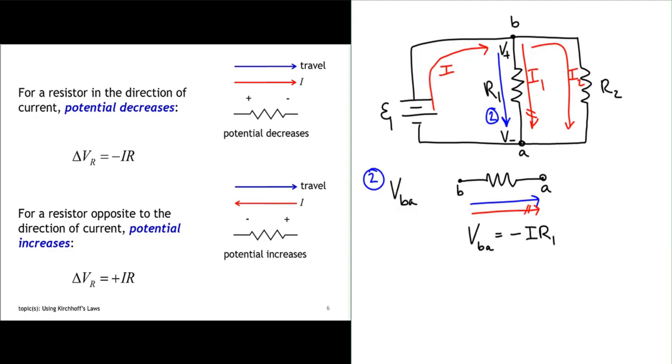Well, let's say you decide to go from A to B. A to B is just opposite the direction of B to A. I'll call this path 2 prime.